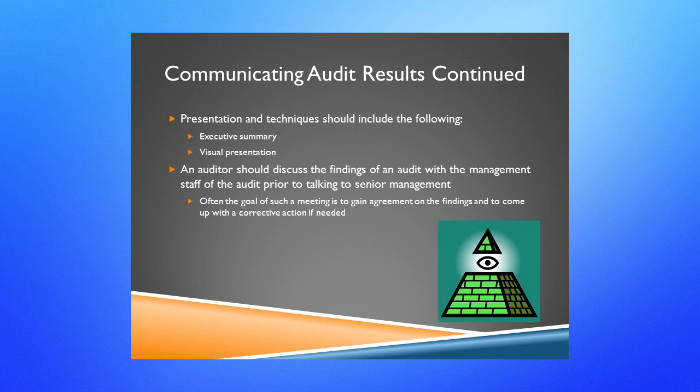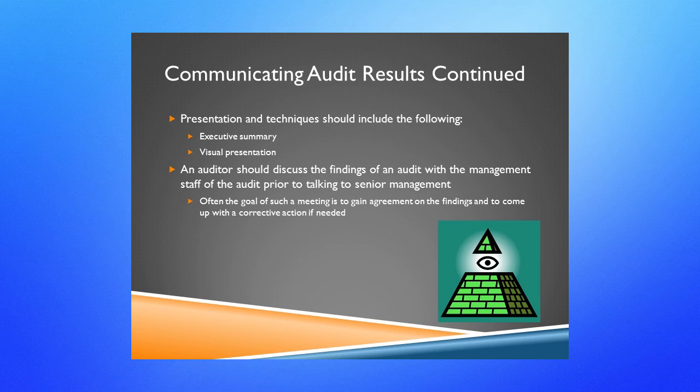The auditor should discuss the findings of the audit with the management staff prior to talking to the senior management. Maybe it's just considered a courtesy or reporting chain, but it's important to let management know your results so that they can have an understanding, or maybe they might disagree with you. That's not uncommon, but at least they have the opportunity to present their own rebuttal.